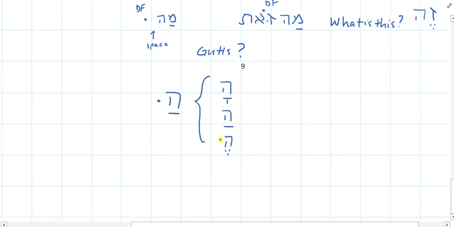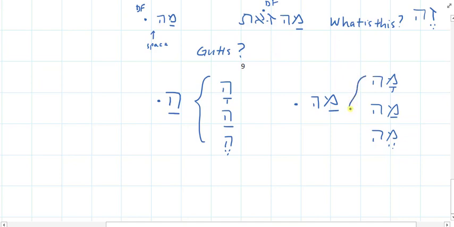And I am going to see the exact same sorts of things with ma. My normal pointing, ma with a dagesh forte following, but if I've got a guttural, I'm going to see these possibilities, okay? The exact same things, but with the dagesh forte gone.